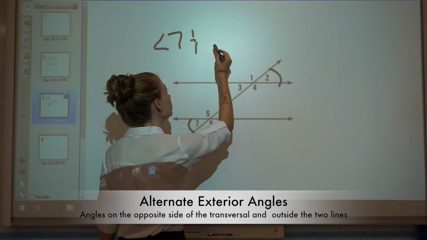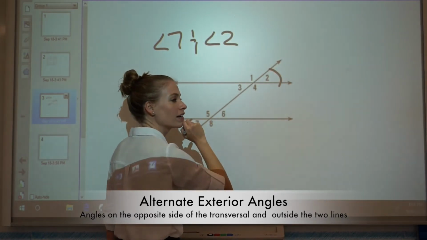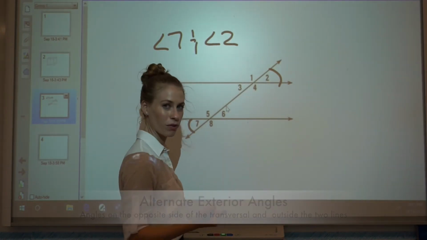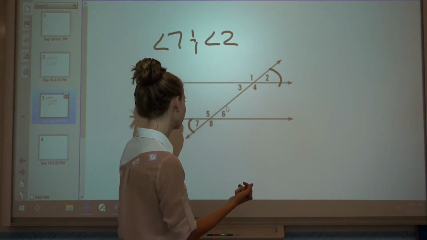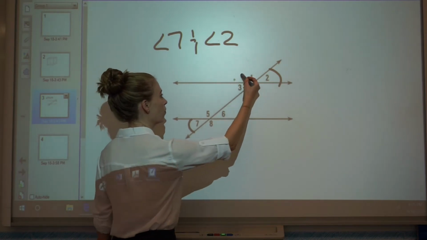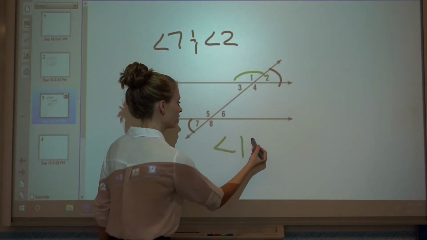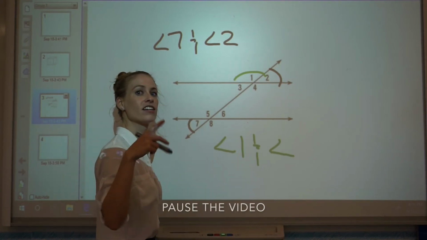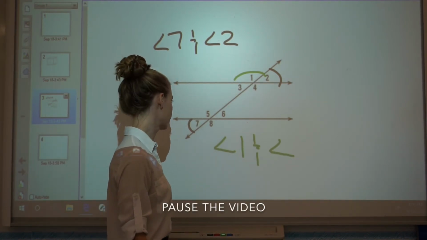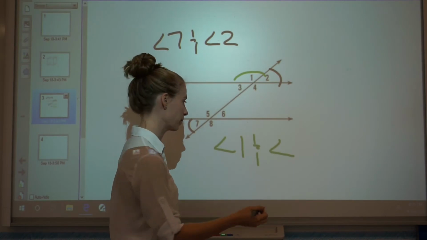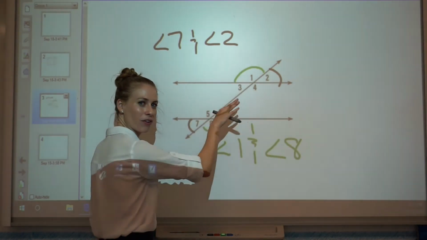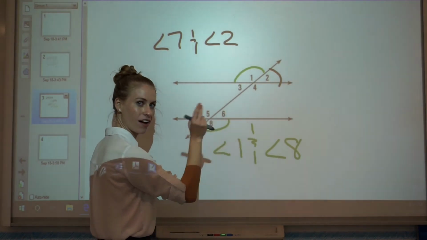I think angle 2 would be a match. All right, let's try to find another one. Okay. So let's look at angle 1. Go ahead and try to find one on your own. Right, did you get angle 8? These are both on the outside, and they're on the opposite side of the transversal.